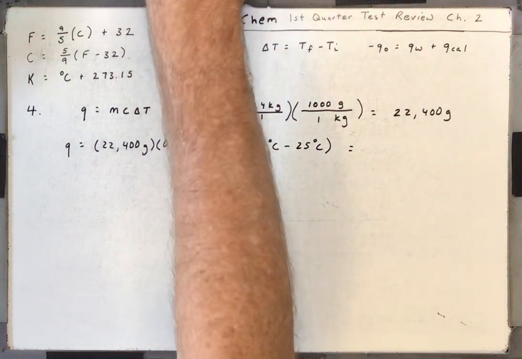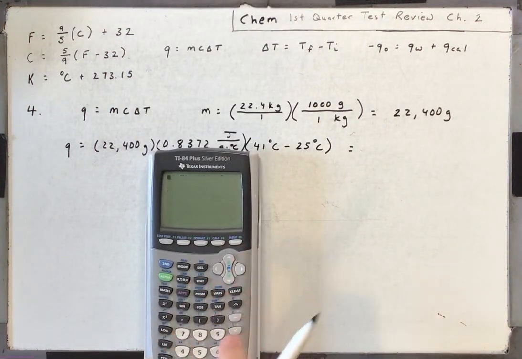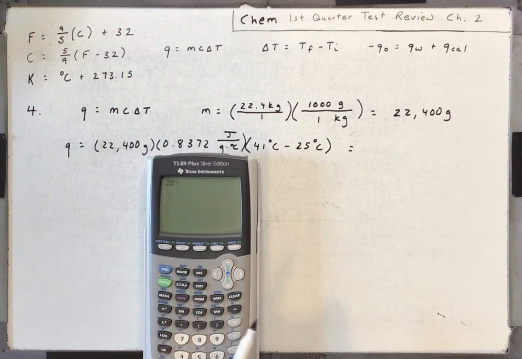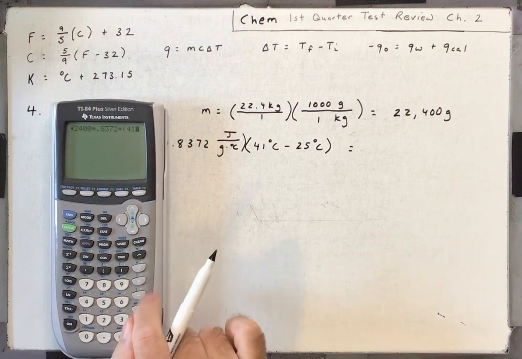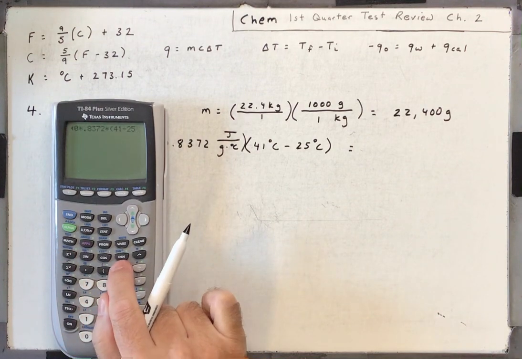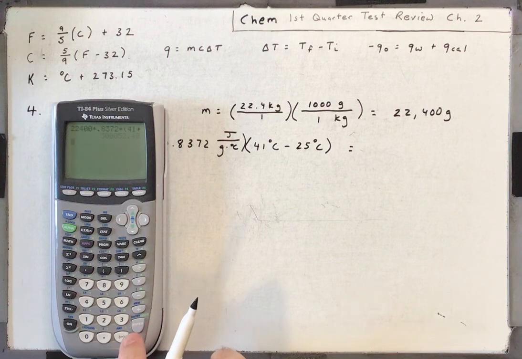So that makes sense. So in our calculator, the way I would do it is 22,400 times 0.8372 times, and then we're going to left parenthesis 41 minus 25, and then right parenthesis.